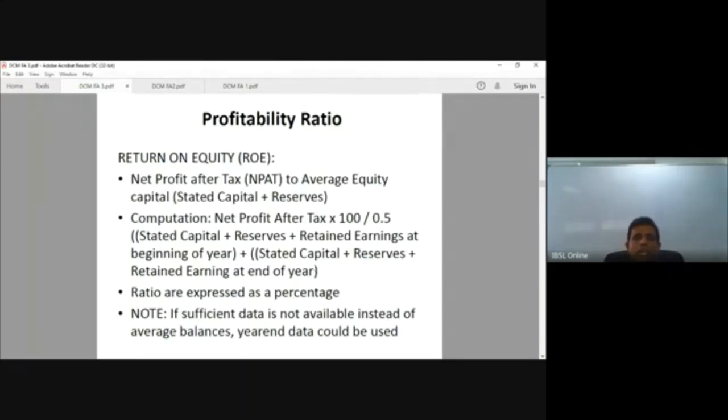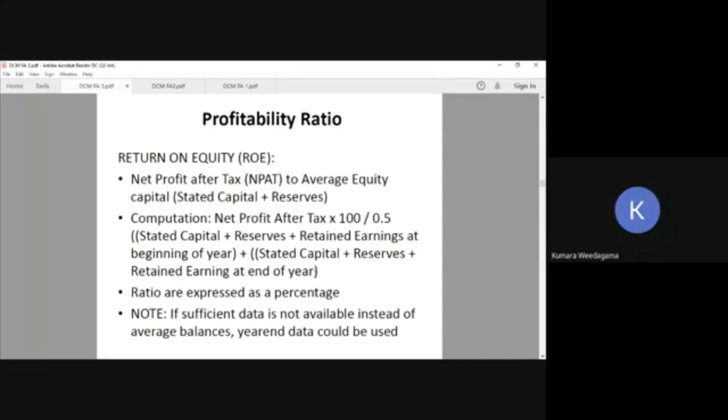Therefore, we have to take net profit after tax. That is the last item in the income statement before any distribution of dividend, right? Take the net profit after tax as a return to the equity investments or our shareholders' investments.